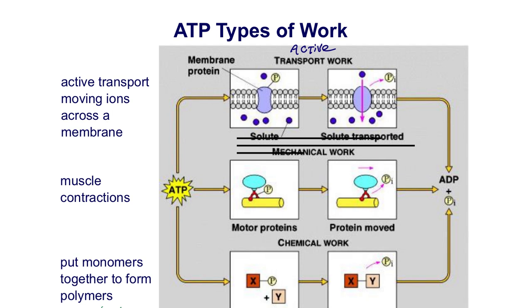It does active transport. When ATP releases its energy, it can power proton pumps, active transport. It can power the membrane to do phagocytosis or exocytosis or endocytosis.